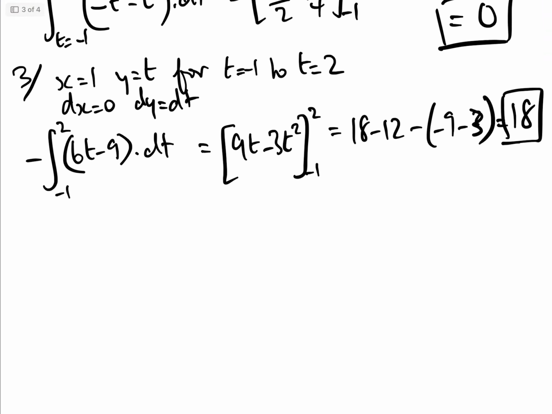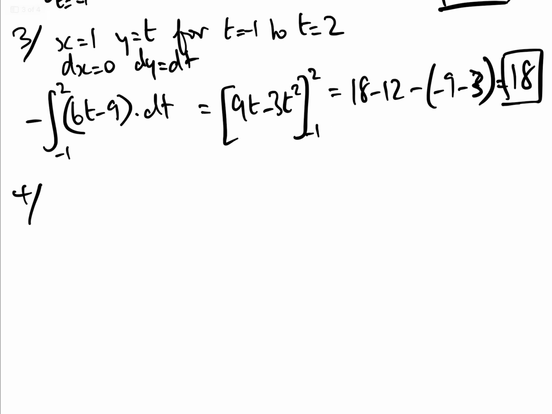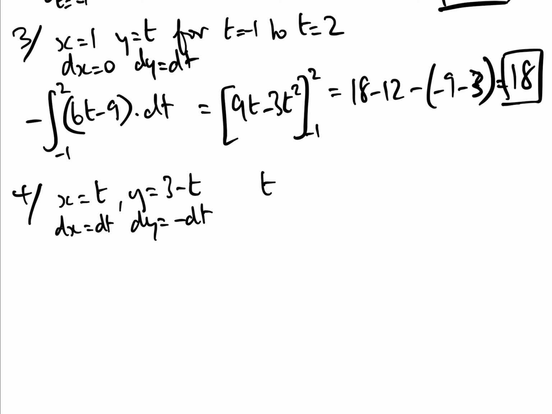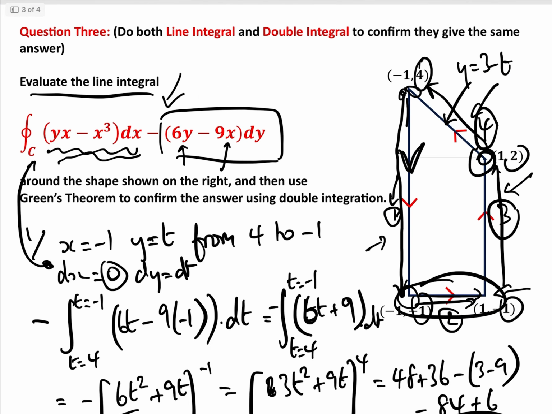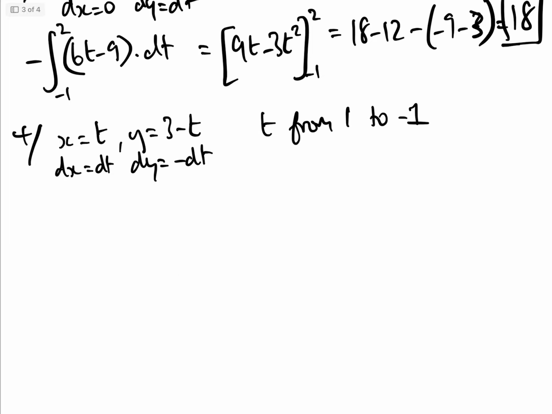That is the correct parameterization. So we let x equal t and y equal 3 minus t. That is that line. So dx equals dt and dy equals minus dt, and t will go from 1 to minus 1. And that's basically going along this line here from there to there, which is the fourth bit of our line integral.